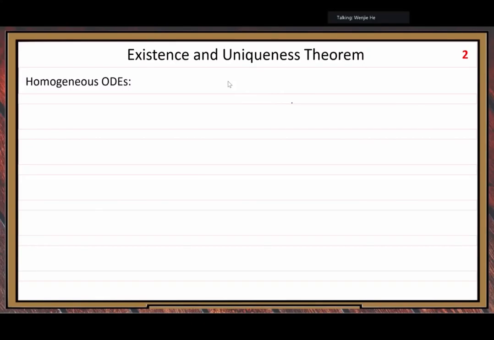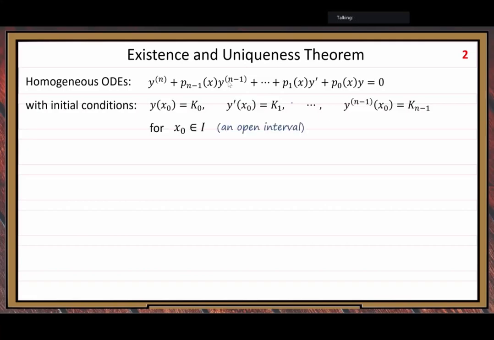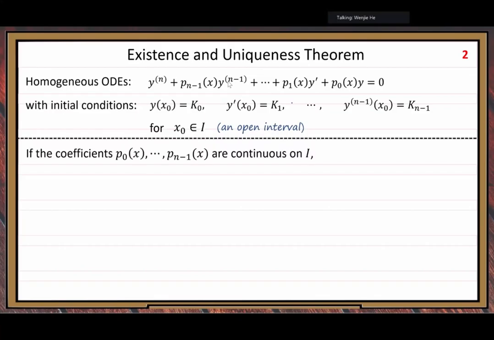First, the homogeneous version with initial conditions, for some open interval I. If the coefficients, all these p functions, are continuous on I. That's the same as the second order, where we require p, q functions continuous on I. Here, we require all these p functions continuous on I. Then we have the conclusion.